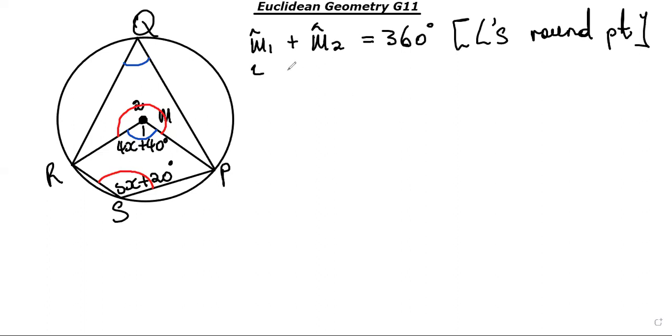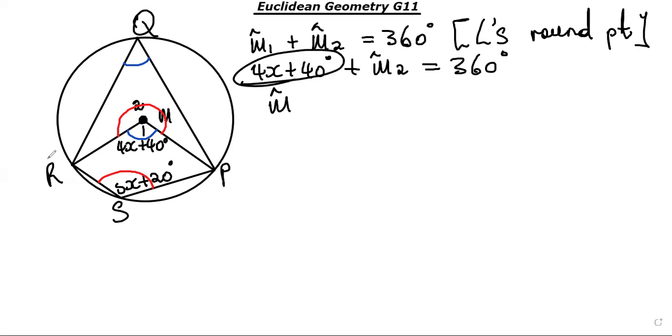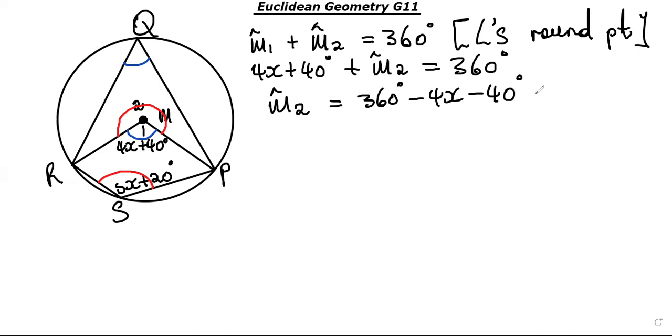So we know that we have 4x plus 40 degrees, but we are looking for the size of angle M2, and everything is set equal to 360 degrees. Then you take this whole thing to the right-hand side, it becomes negative. So you get 360 degrees minus 4x minus 40 degrees. So 360 minus 40, it's 320 degrees. And then you say minus 4x.